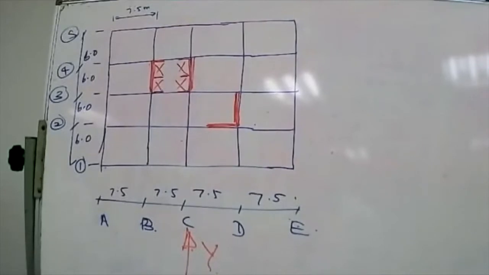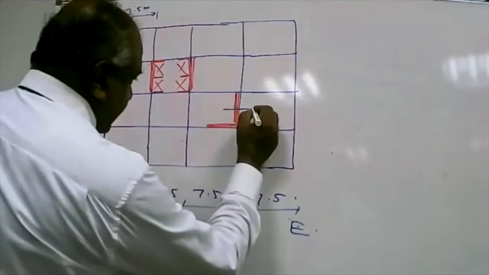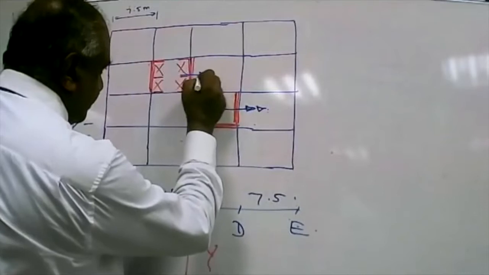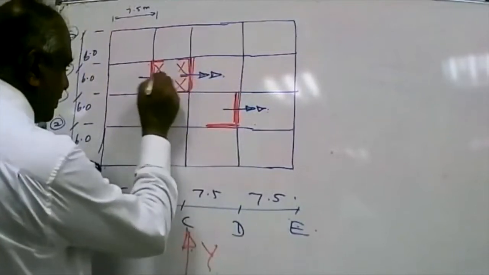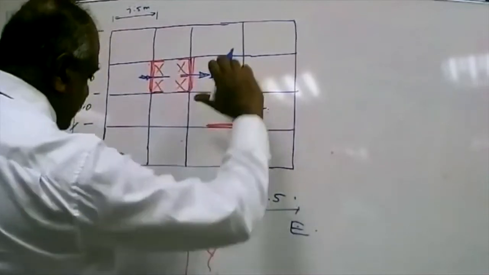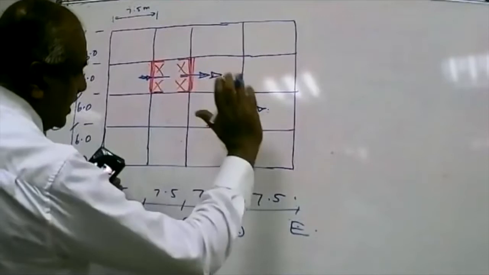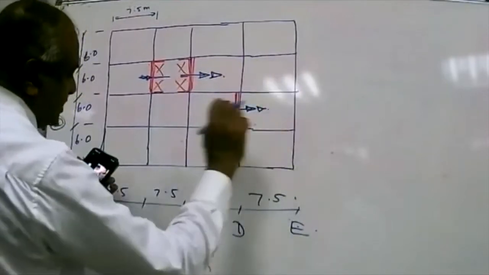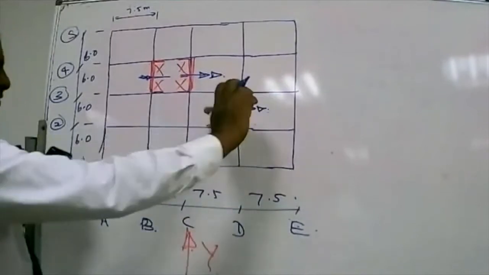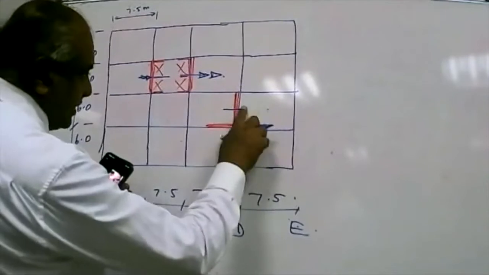So if you take this Y direction, these walls are going to bend about an axis, because you can see the walls in this way or this way, depending on the direction of the wind.